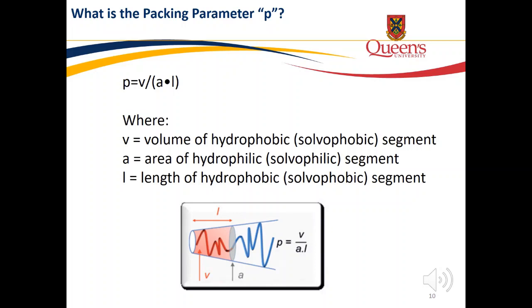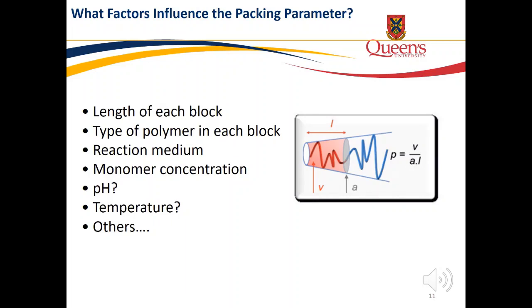And this ratio, which is somewhat conical in shape, really determines what is the most thermodynamically preferred conformation for the nano-object to adopt as it's undergoing polymerization-induced self-assembly. And of course, you may be asking, well, if the second block continues to grow, does the thermodynamically preferred configuration change? And the answer is yes, it does. We'll talk more about that later on in the presentation.